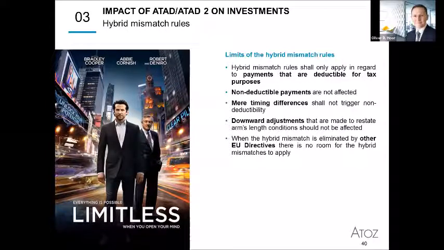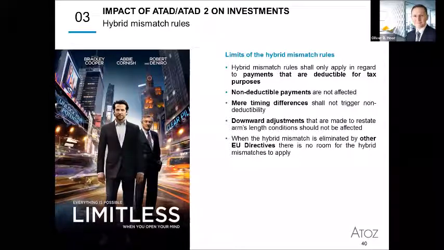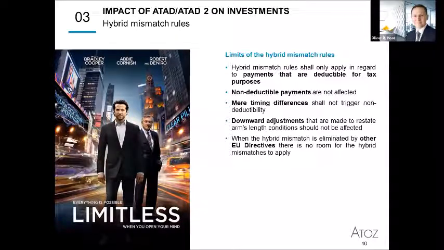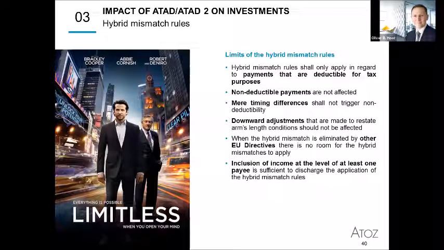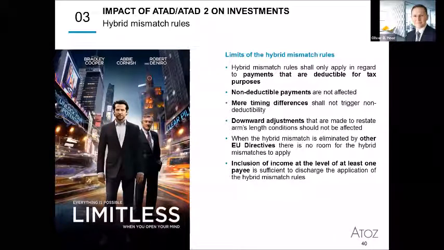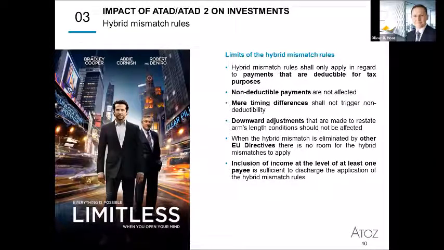So here the parent subsidiary directive already solves the hybrid mismatch situation, and therefore the hybrid mismatch rules have no scope of application here. Then, if we can make the case that the income is included at the level of at least one investor, because we might have a chain of investors, and at least at one level this income is included, then there is no mismatch outcome and no room for the application of the hybrid mismatch rules.